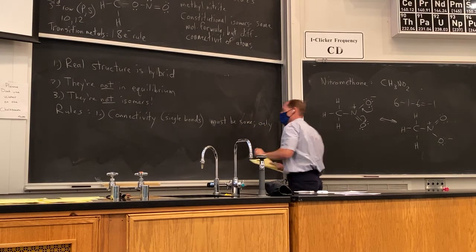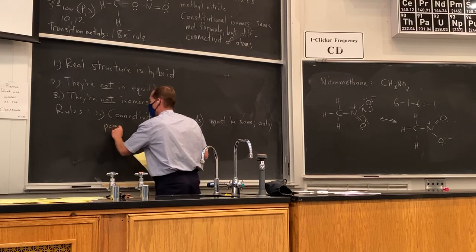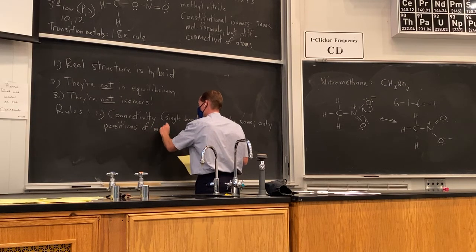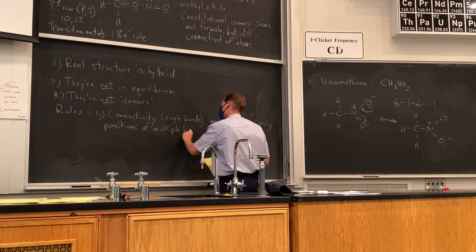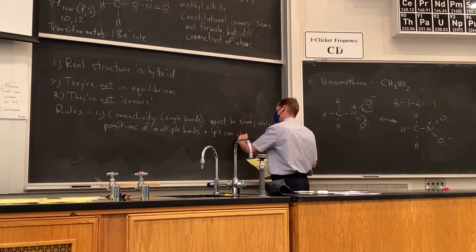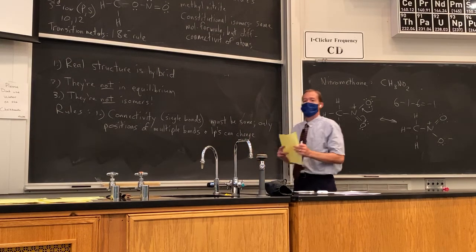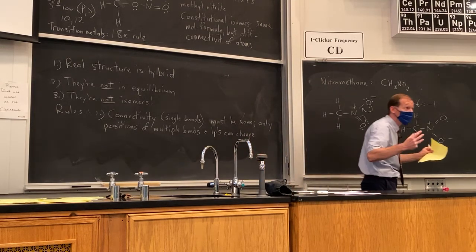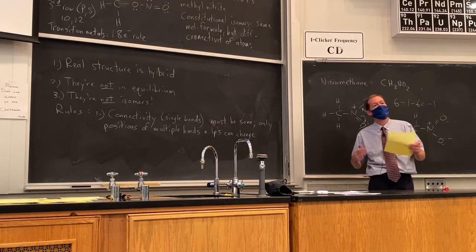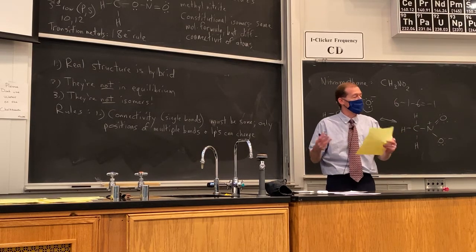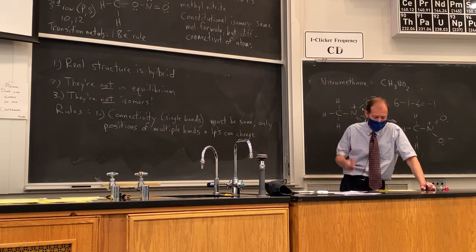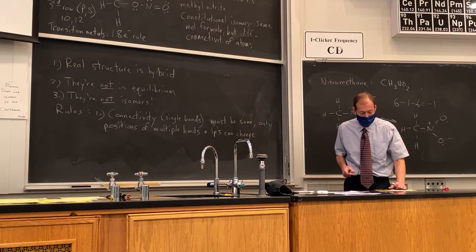So only positions of multiple bonds and lone pairs can change. Okay? So if you look at two structures and the sigma bonds are in different positions in those two structures, those structures are isomers as opposed to resonance structures. And all the resonance structures we'll look at, it's only lone pairs and multiple bonds that are going to differ. Any questions about that? So the connectivity is the same, making them the same compound.